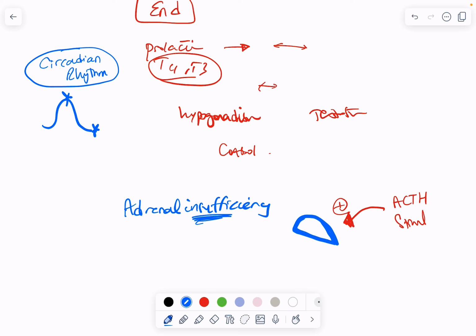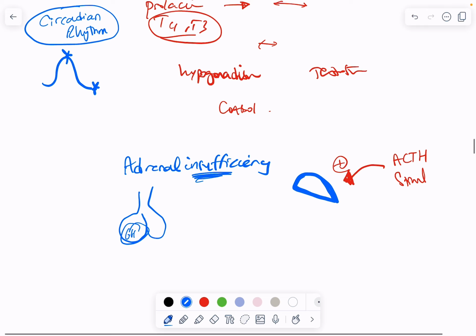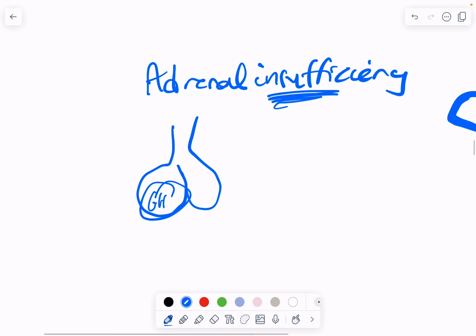Let's say I'm suspecting the pituitary gland is not functioning, there's hypopituitarism. Why not stimulate it? How am I going to do that? In case, let's say I'm suspecting hypopituitarism in a patient with low growth hormone, infantilism or whatever it's called, then what I'm going to do is I'm going to stimulate secretion of growth hormone.